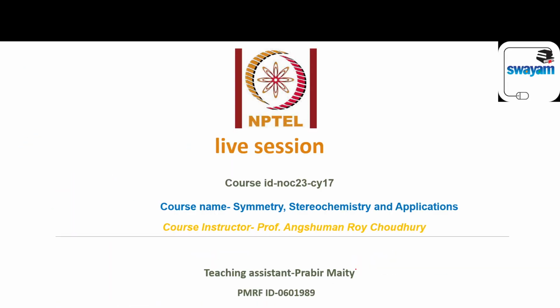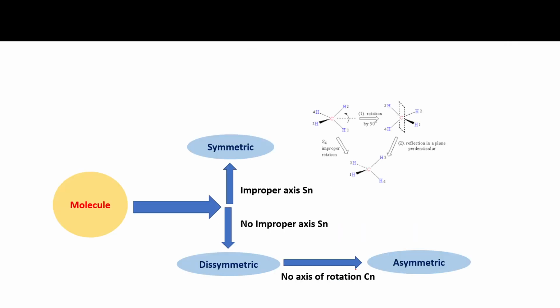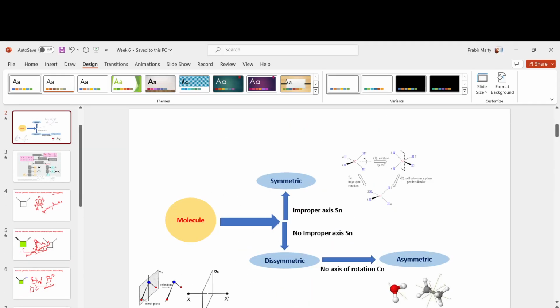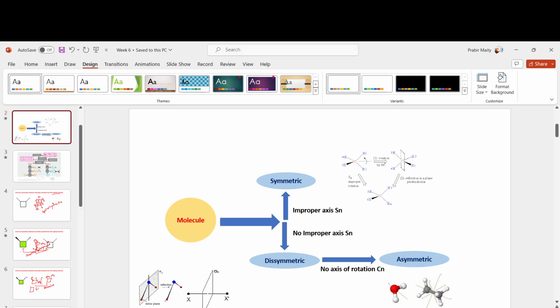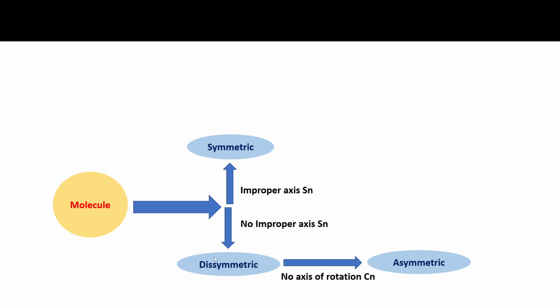So what we learned today is about the symmetry of molecules, and which molecules have an improper axis.